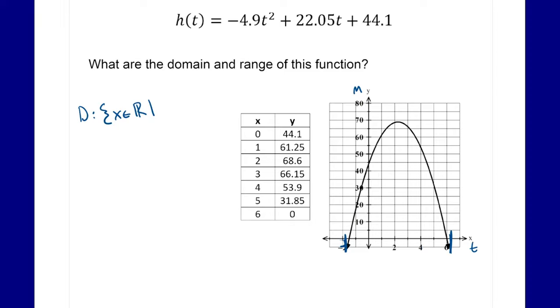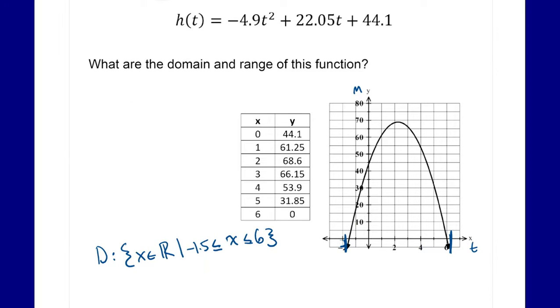What values make sense for time? Looking at this function, I would probably say -1.5 is less than or equal to x, which is less than or equal to 6. But there is an issue with this format.